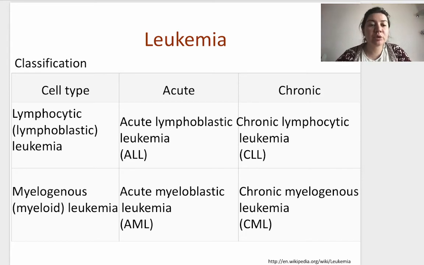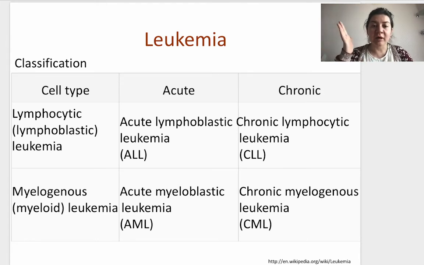Why don't we use cytic and blastic for both acute and chronic? Because blastic always means that it is acute, because for the acute form the main sign is a huge number of blasts.